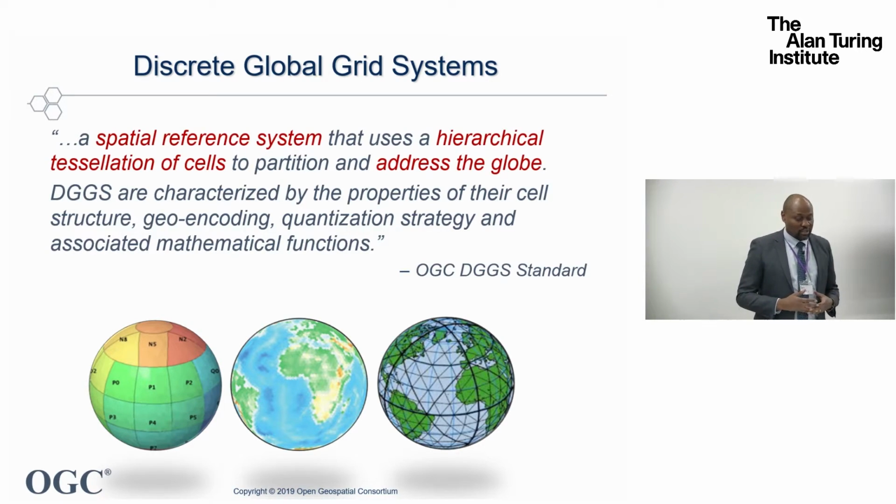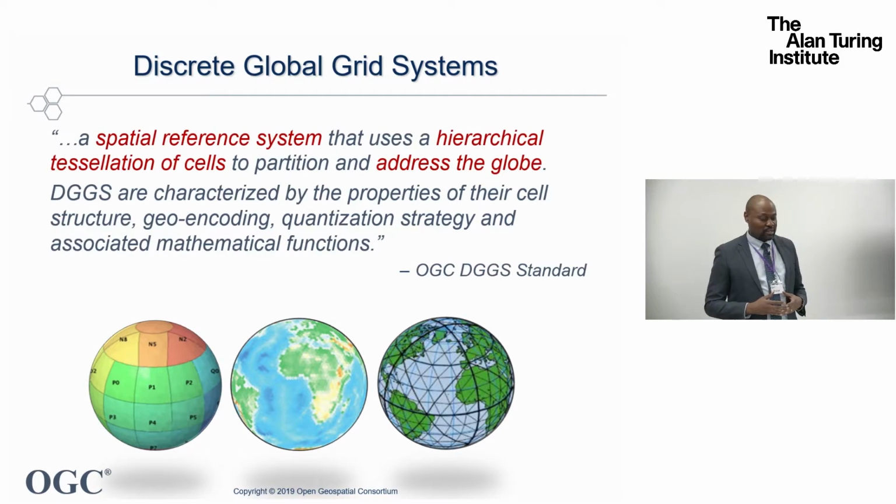So a concept called Discrete Global Grid Systems was established a number of years ago to provide a spatial reference system that uses a hierarchical tessellation of cells to partition the planet and address any aspect of the planet. For DGGS in particular, there are specific properties that make them DGGS, both with regard to cell structure and geo-encoding, but also the quantization strategy and some of the other aspects that influence the ability to form part of analysis.